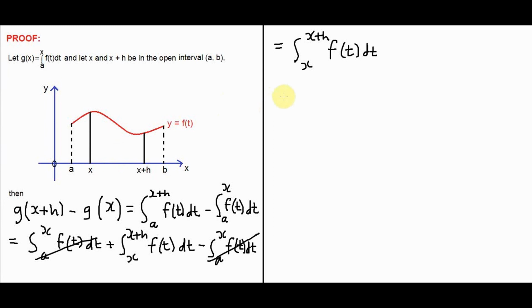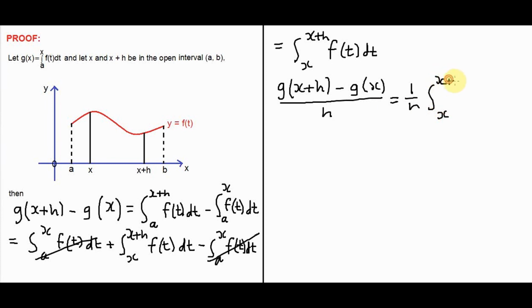Our next step now is to divide by h, since h is not 0. So then the resulting equation divided by h will give the following: g of x plus h minus g of x all divided by h will equal 1 over h times the definite integral from x to x plus h of f of t dt.